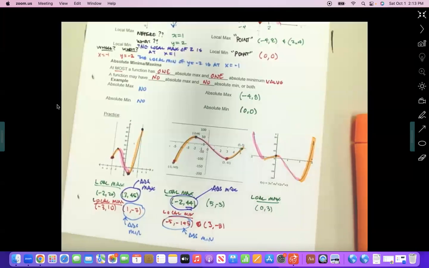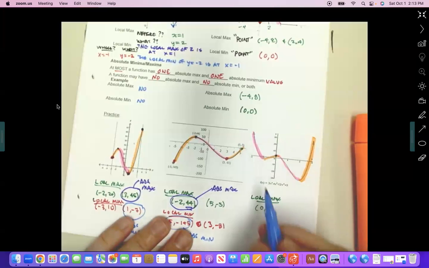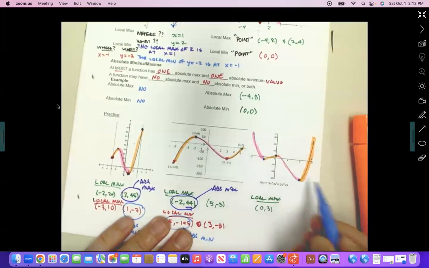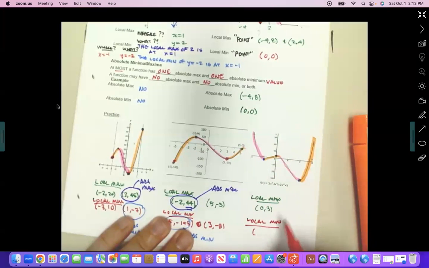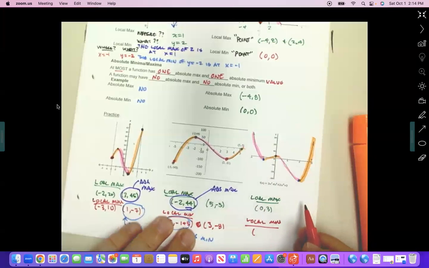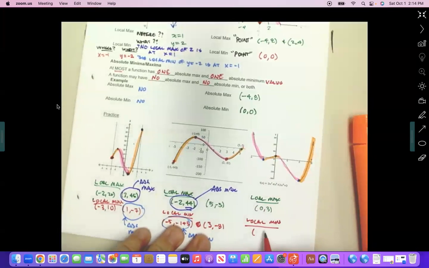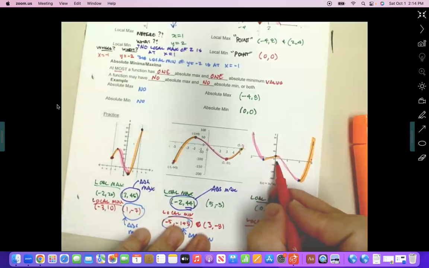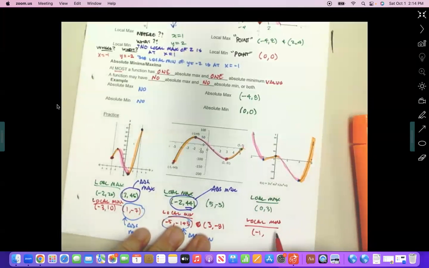And then, if I look at this one, I do have a set of minimums here and here. Our local min over here is at x equals -1, not sure exactly what that value would be, but it's less than 10.